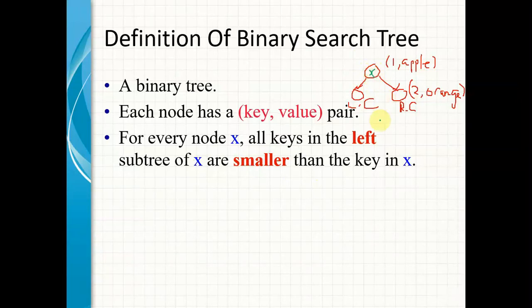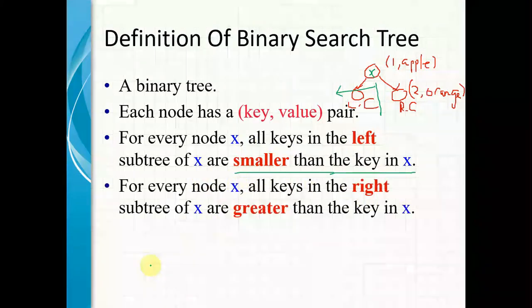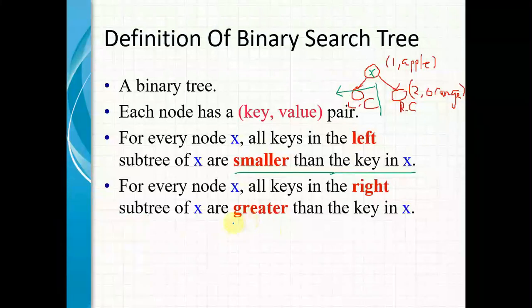All the keys in the left must be smaller than the key in x. Must be smaller. And for every node x, all the keys in the right subtree of x are greater than the key in x. So on this side, it must be greater than x.